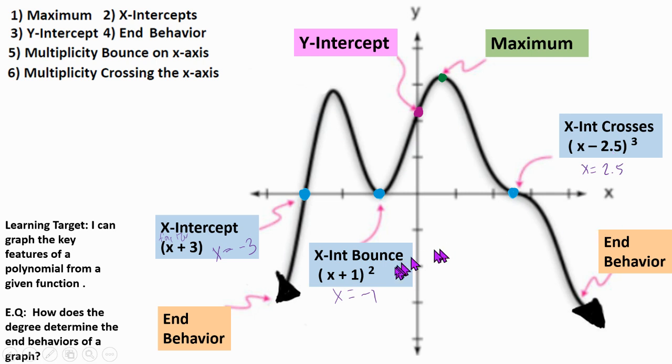It's really all about the little powers here. If we write it as a factor, this has an even power attached to it. That means that it happens twice, and anytime it has an even power, it's going to bounce, whereas here, if it has a power of 1, it's going to go right through. And here it has a third power. It still crosses, but it has a little squiggle. Okay, all right, moving right along.